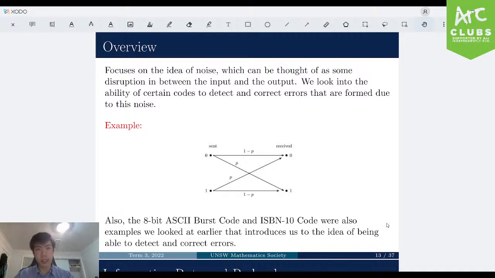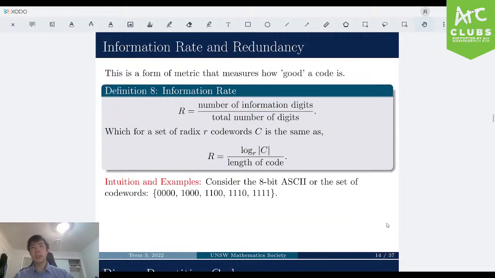In this topic, like I said, we'll look at more complex and general codes that also have detection and error correction capabilities. Okay. Firstly, introducing you to an idea called information rate and redundancy.